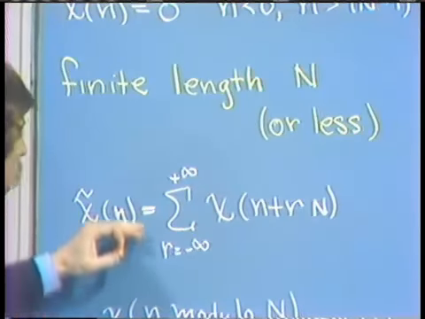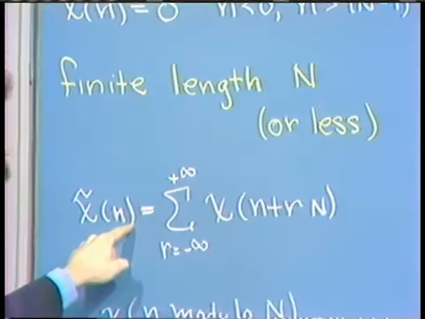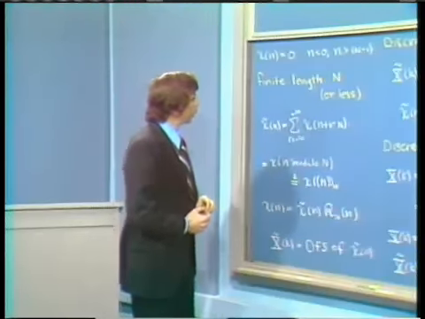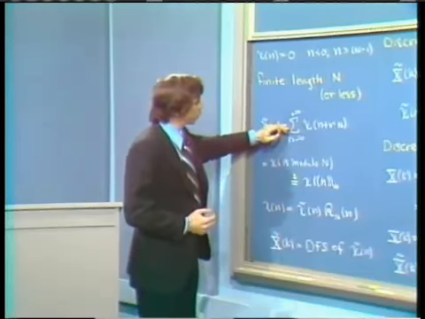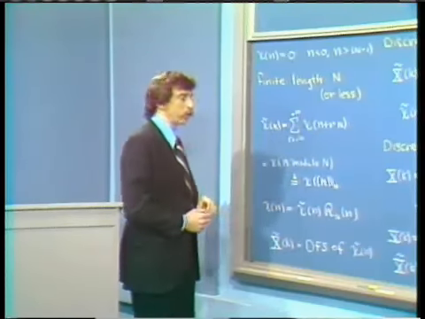Well, we'll have occasion frequently to refer to this periodic sequence in describing the finite length sequence, and consequently, it's convenient to use a slightly different notation than the summation that we've been using.